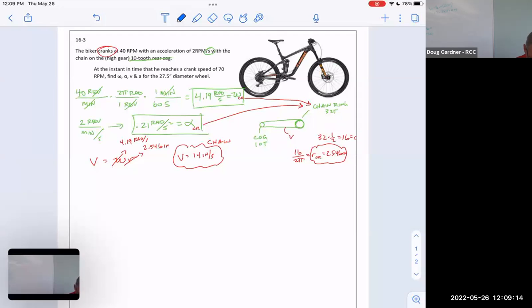What would be the angular, or the acceleration of the chain? We said that was the angular acceleration times the radius. So didn't we figure out a second ago the angular acceleration of that crank was 0.21? And we said its radius was 2.546. If I multiply those out, I get acceleration as 0.7.